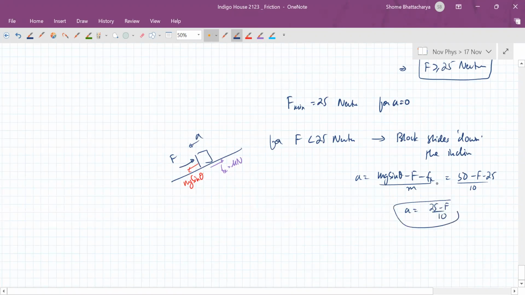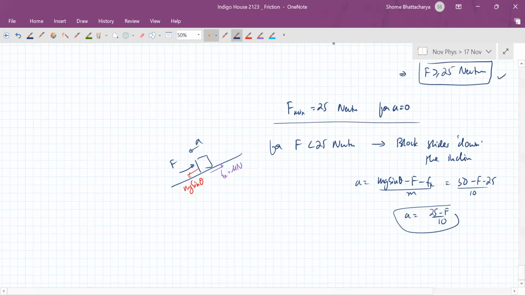It will have an acceleration like this. But in this case, the acceleration will be 0.